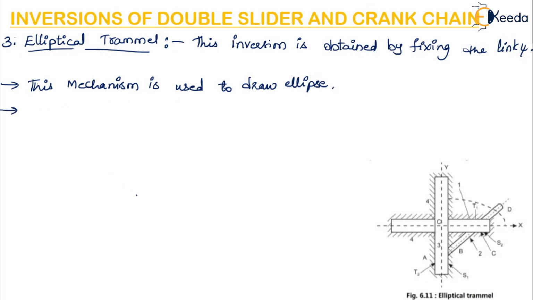The link 1, which is a slider, moves in a horizontal slot of the fixed link 4. So here you can see the link 1 which is shown here.